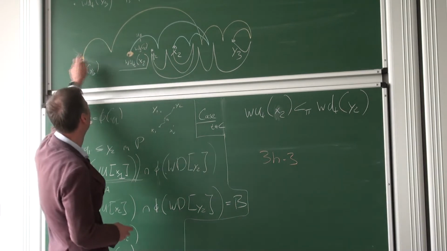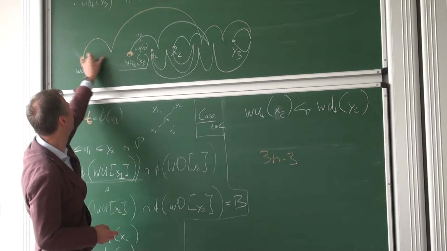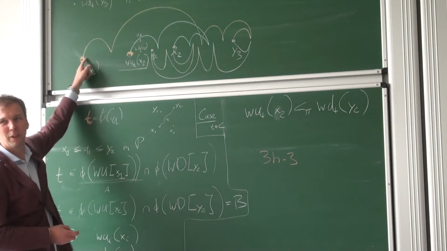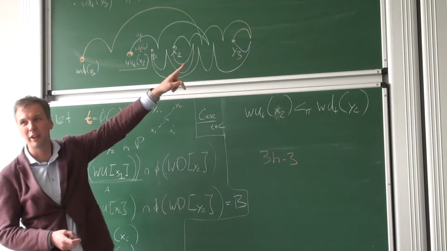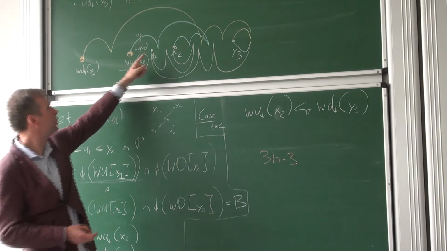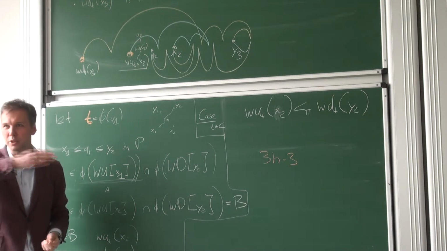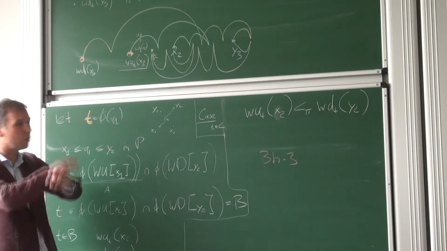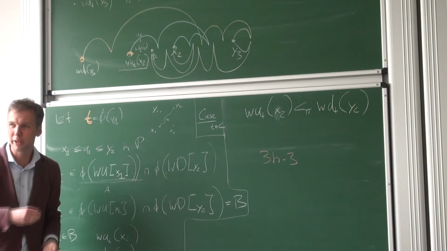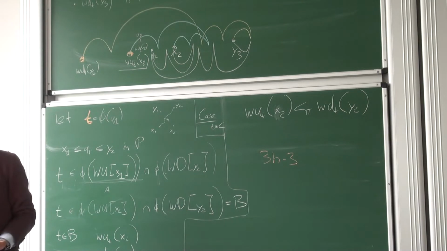If they are the same, I can walk from x2, enter this, there is a teleport now, and get to y3. So I'm on the path from x2 to y3. But Q2 is right of me, and Q2 by definition should be the thing which is the leftmost among everything that I can do walking from x2 to y3, and that's the final contradiction.